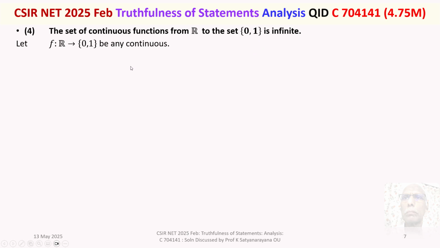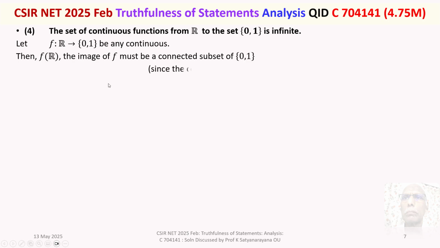Let f from R to the two element set {0, 1} be any continuous function. Then f of R, the image of R under f, must be a connected subset of the two element set {0, 1}.